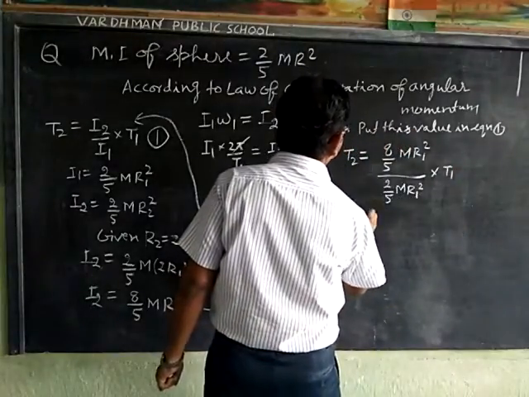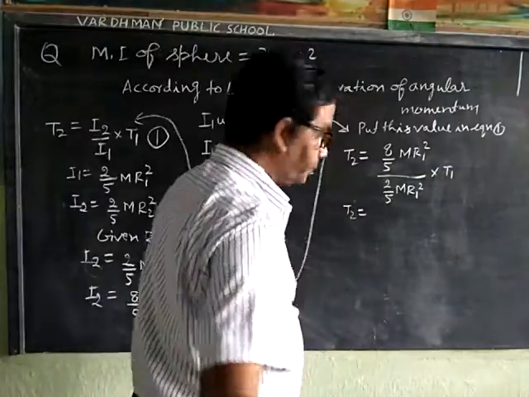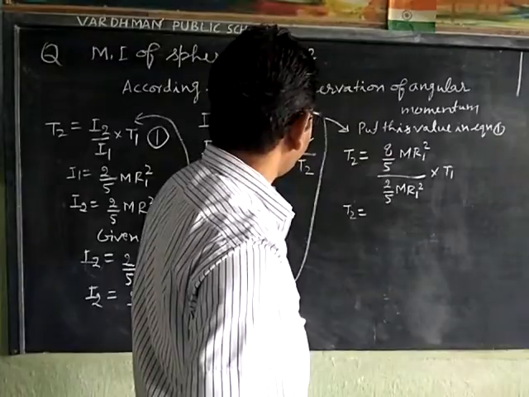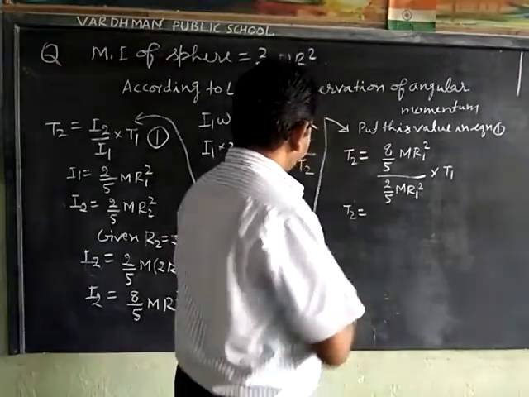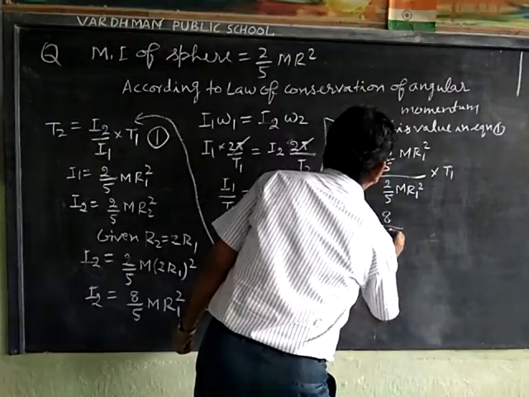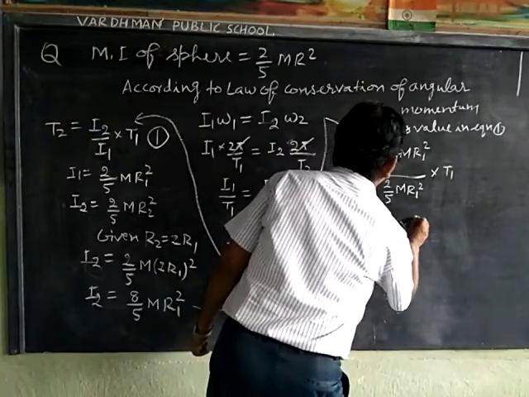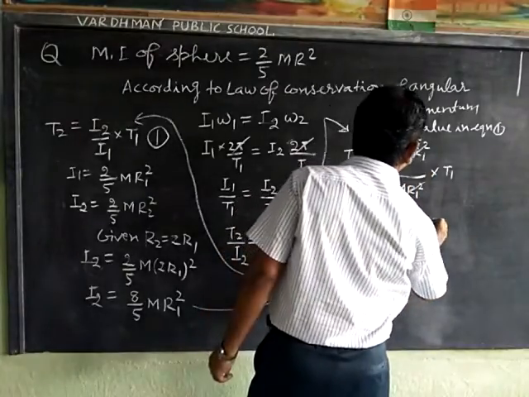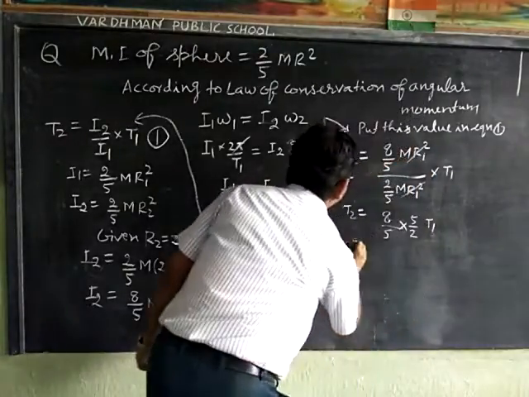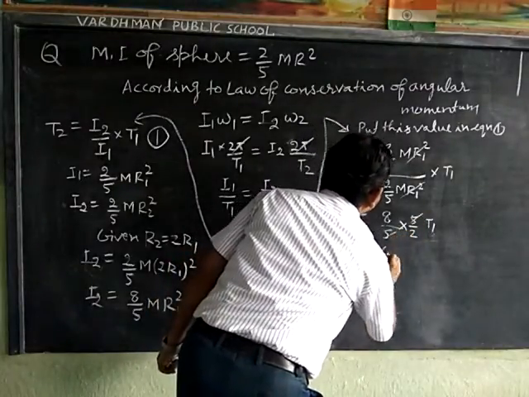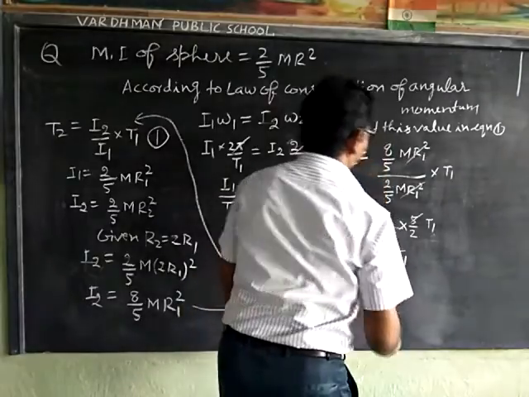Then T2 is equal to 8 upon 5 into 5 upon 2 T1, T2 is equal to 4 T1.